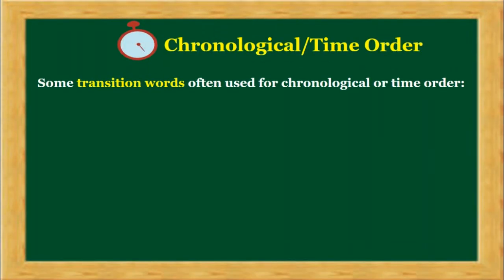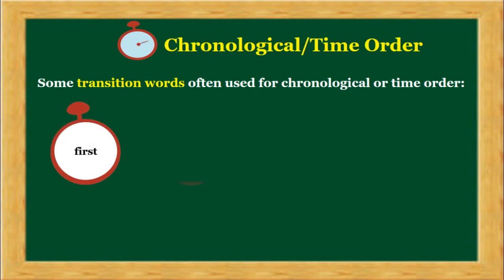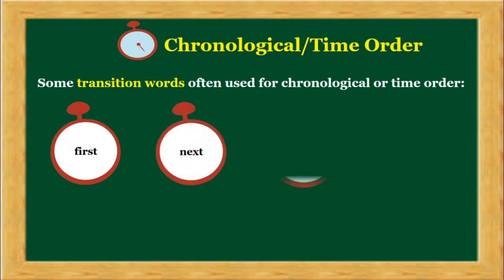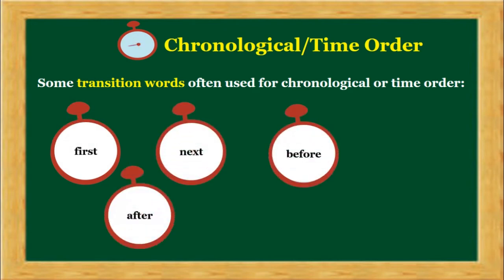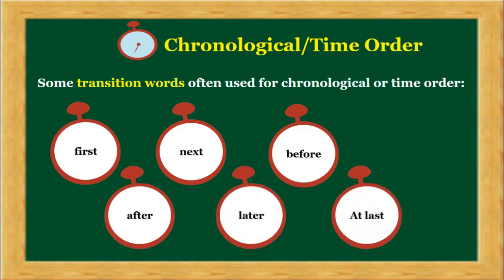Some transition words often used for chronological or time order are the following: first, next, before, after, later, at last, or a very specific time like in year 2021.